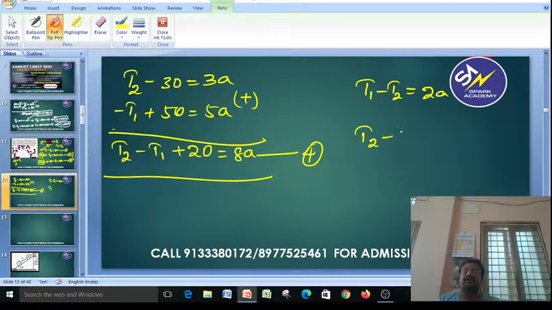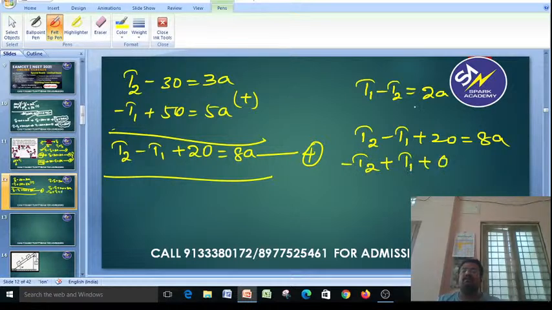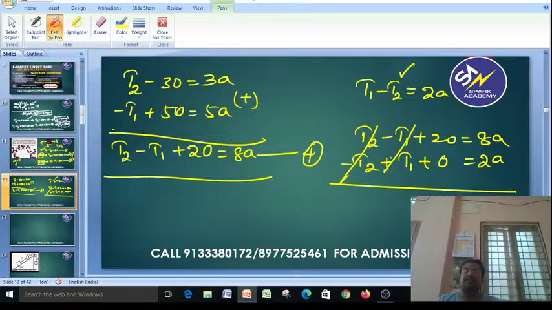T2 minus T1 plus 20 is equal to 8A, and the other one is minus T2 plus T1 plus 0, there is no constant value here, is equal to 2A. Now add these two equations; the negative and positive terms will get cancelled. Then 20 is equal to 10A.